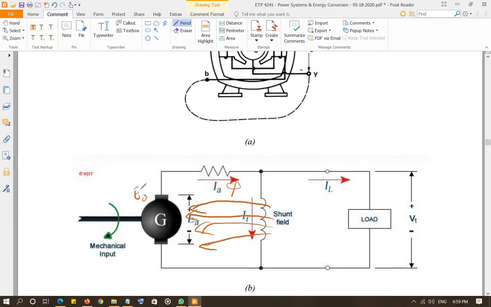But whatever voltage is induced, that voltage starts running a current. Right now assume there is no load connected. Now when this current goes through the shunt field, the electromagnet in parallel, your magnetism, your flux, increases. So now you are increasing the amount of flux produced by the shunt field, because current is running through it.